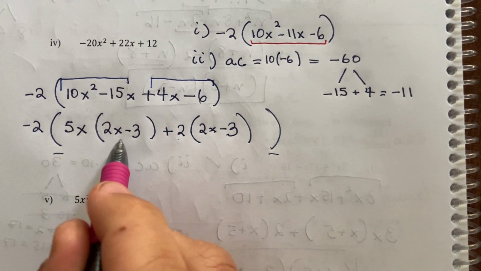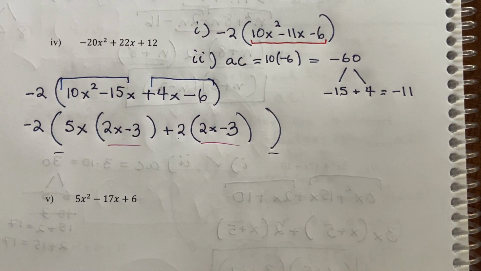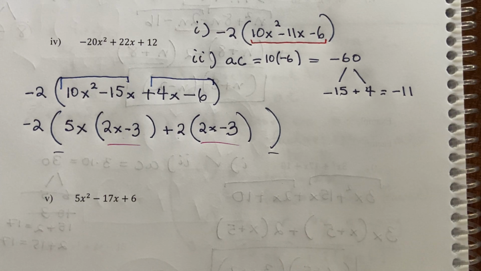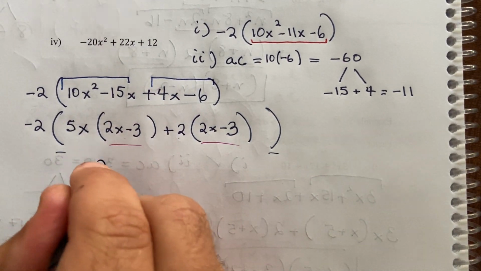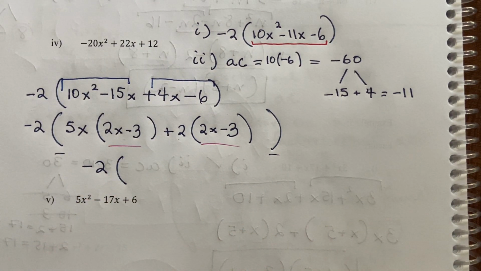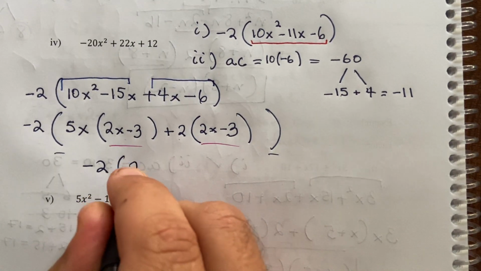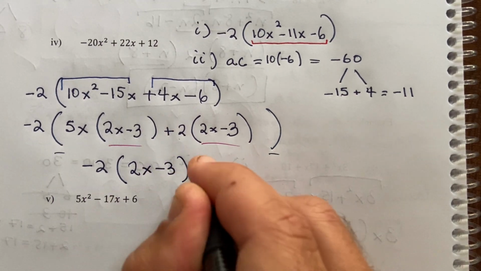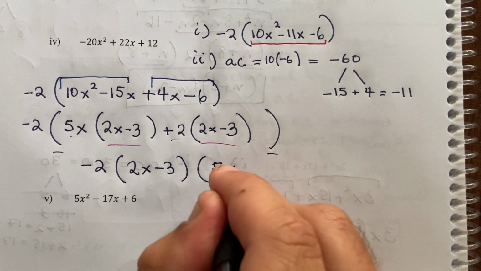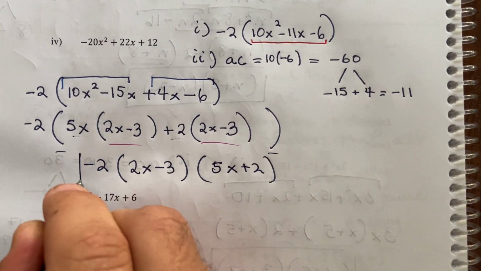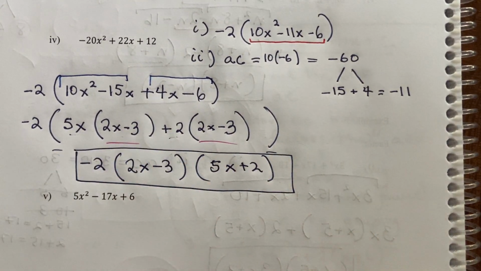And no coincidence, these two things are the same. So I will factor it out. So -2, still just sitting out there, and then I have a 2x minus 3, and then it's the 5x plus 2 that gets left behind. This is the original thing in factored form.